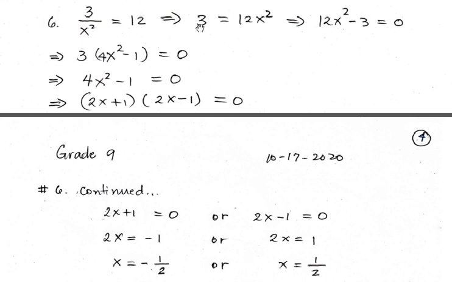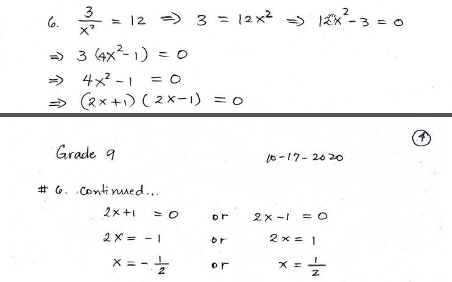So that's actually 3 equals 12x squared. Then we have to transpose 3 to the right-hand side. That's 12x squared minus 3. And the left-hand side is 0. So rewriting, we have the transformed quadratic equation is 12x squared minus 3 equals 0.